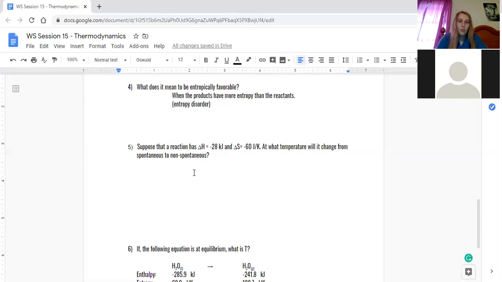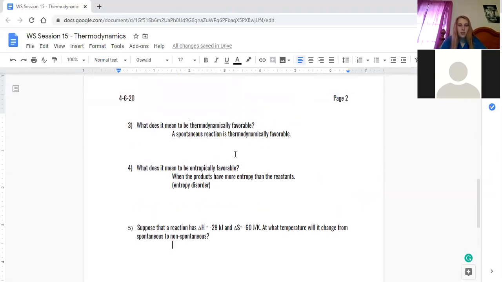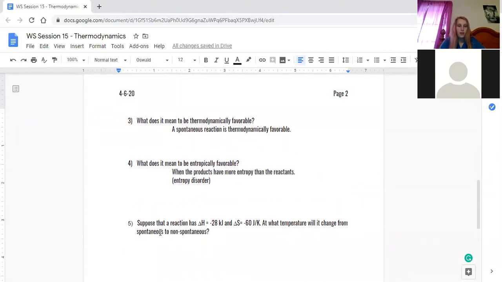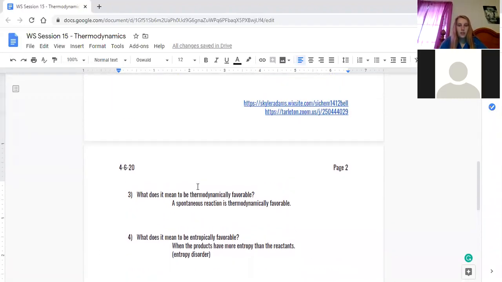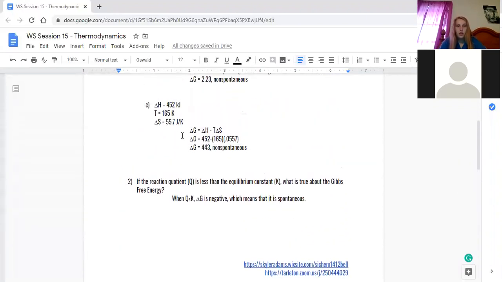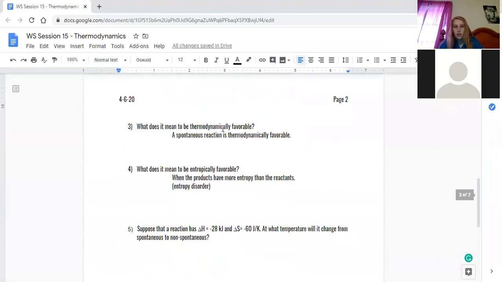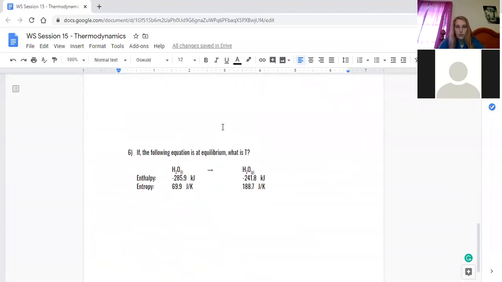Okay, so we're using the same equation that we did before. If you look at it, you have the same information, except this time you're trying to find this point where it's at equilibrium, right between spontaneous and non-spontaneous. So we need this equation, and I'm just going to copy and paste it again so I don't have to go find it.